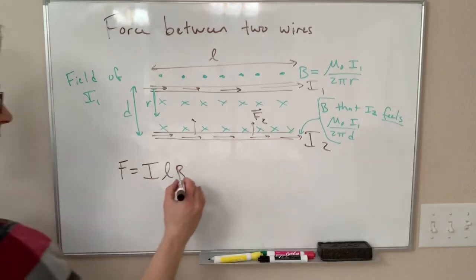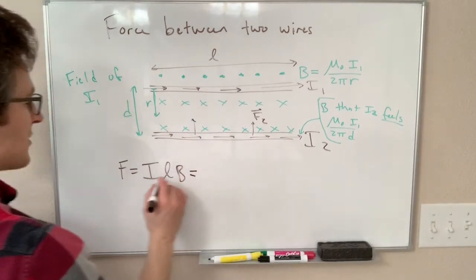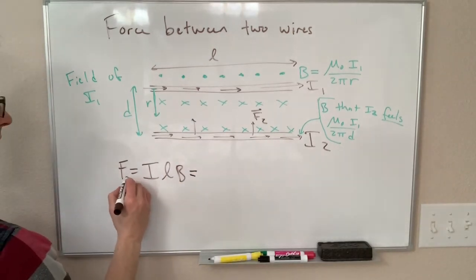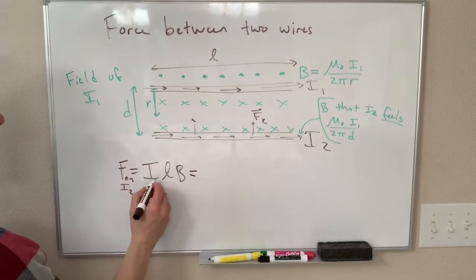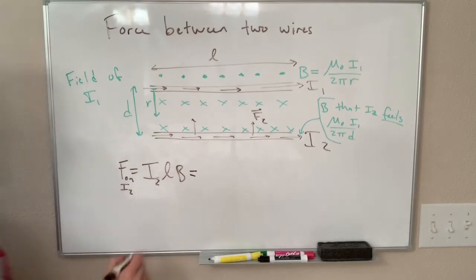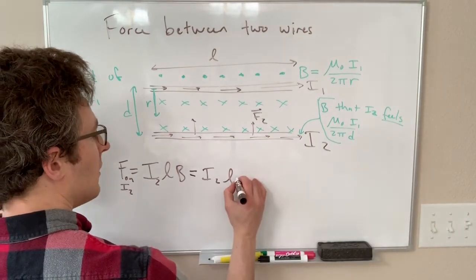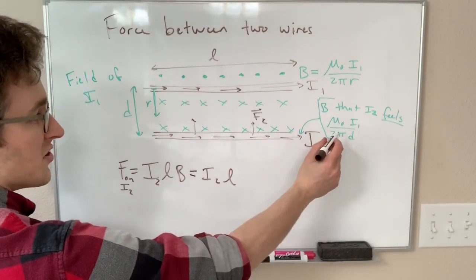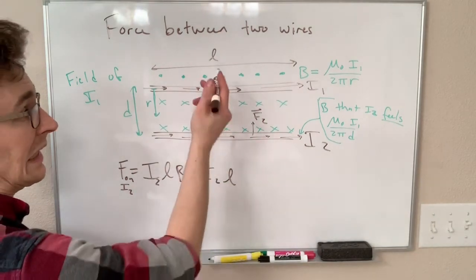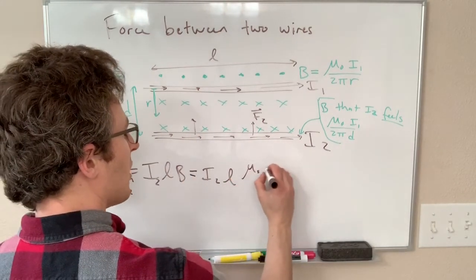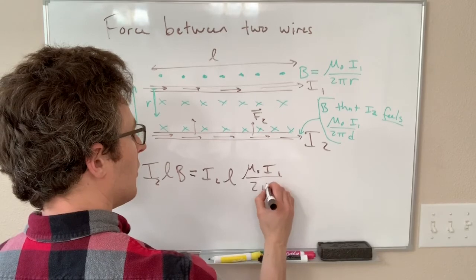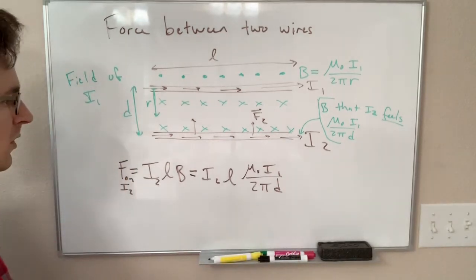And we know what B is. Before I plug that in, I should say that if this is the force on I2, then the current in this equation is I2. So we have I2 times L times this field that current 2 is feeling from current 1, so that's mu naught I1 over 2 pi d.